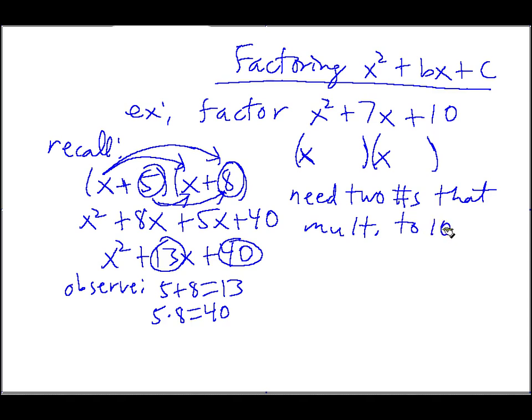So first look for these two numbers, and also they add to the middle number, in this case, add to 7. So I need two numbers that multiply to 10 and also add to 7 in this problem here. Well, without too much thinking about it, I think you know the answer already. It's going to be 2 and what?